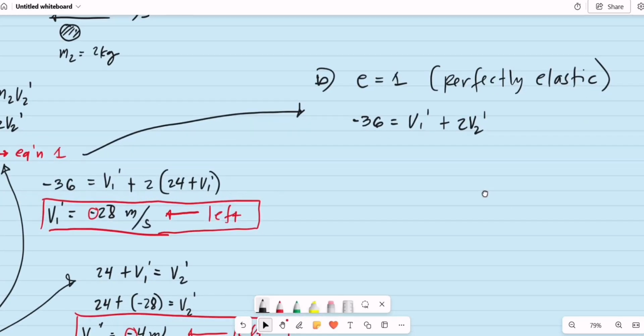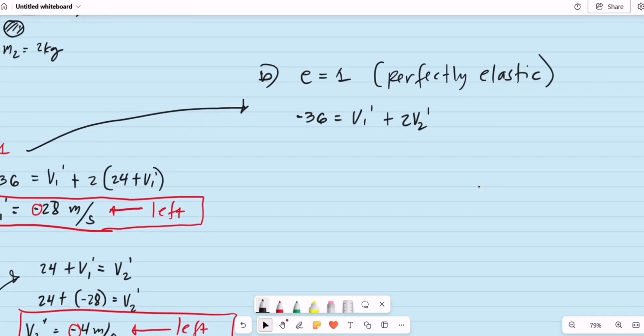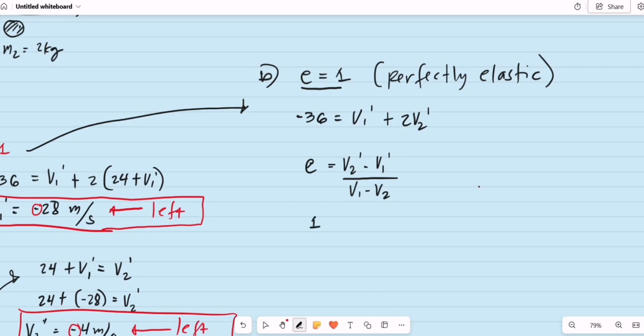And then let's have our second equation from the coefficient of restitution. Again, e is equal to b2 prime minus b1 prime divided by b1 minus b2. The coefficient of restitution for a perfectly elastic collision is equal to 1. We have b sub 2 prime minus b1 prime divided by, again, b1 earlier was 12, minus b sub 2, which is negative 24.